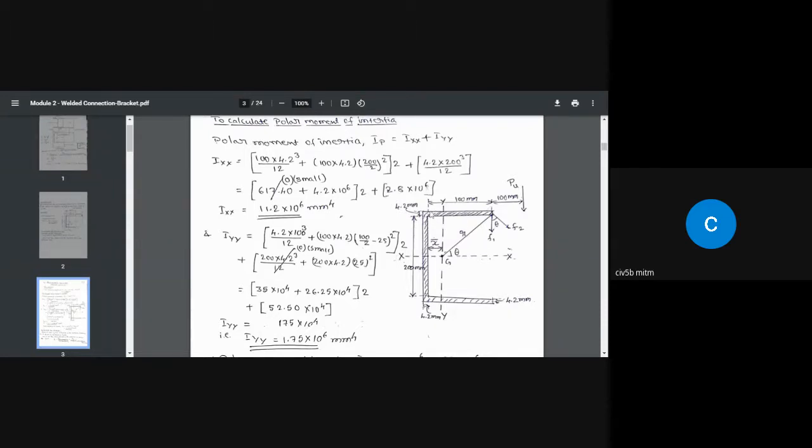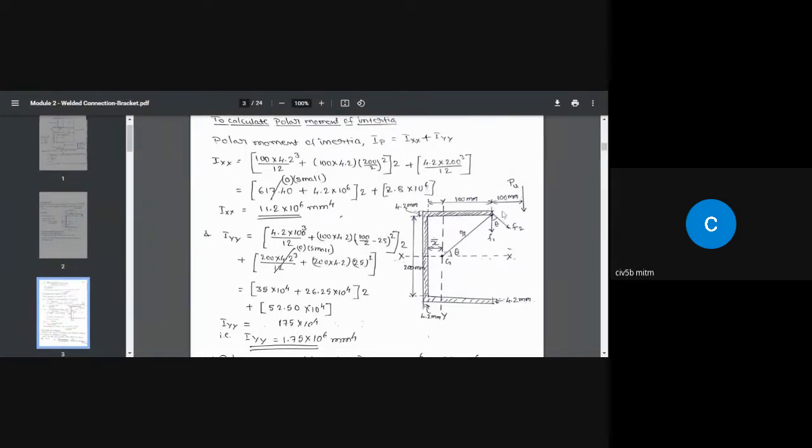Here, 100 multiplied by 4.2 cube, BD cube by 12, because this is a rectangle. BD cube by 12 plus, because this is the main centroidal axis and the component centroidal axis, the parallel centroidal axis of this area, falls here.